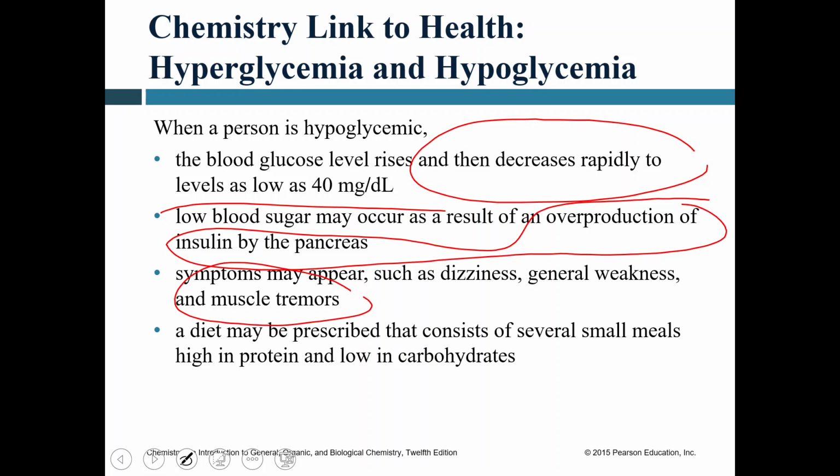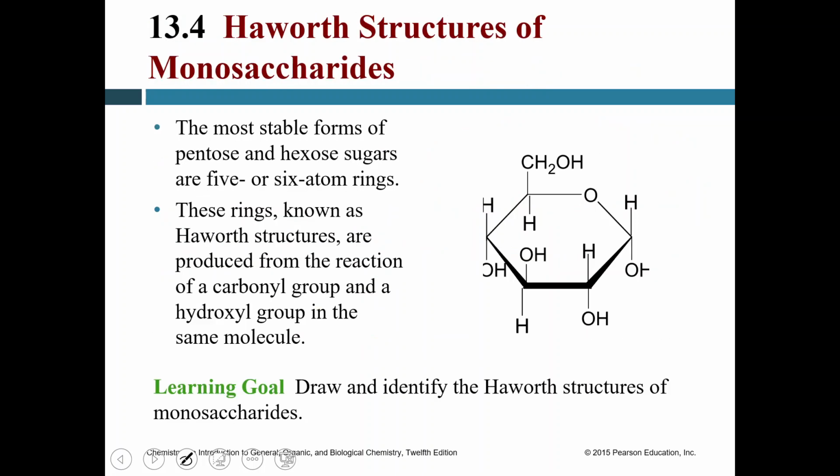The diet for hypoglycemia may include, instead of 3 large meals, several small meals that are high in protein and low in carbohydrates.